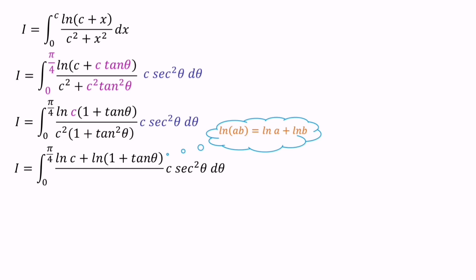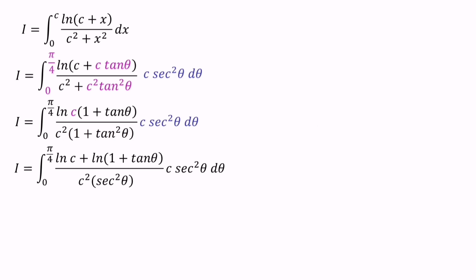Therefore, the denominator we can write as c squared sec squared theta. After that, we can cancel out the numerator sec squared theta and the denominator sec squared theta. And we can cancel out the numerator c and the denominator c squared term. The denominator c is a constant. So we can bring 1 over c outside of the integral.